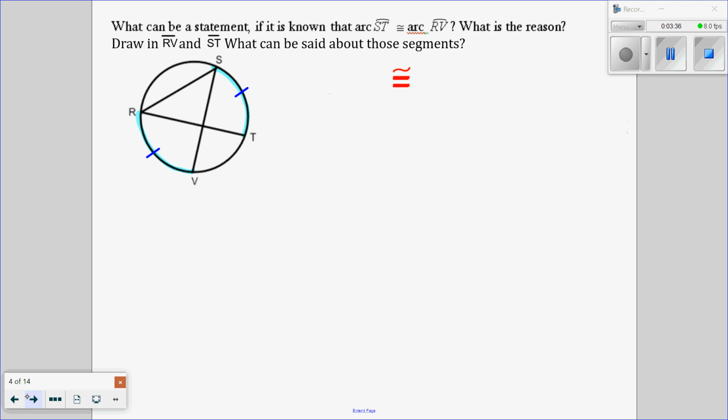What statement can be made if it is known that arc ST is congruent to arc RV? And then what is the reason? Well, what we can say is that angle SRT is congruent to angle RSV.